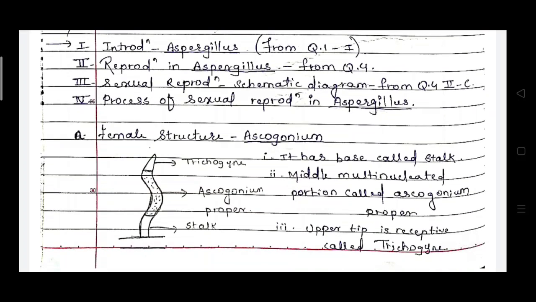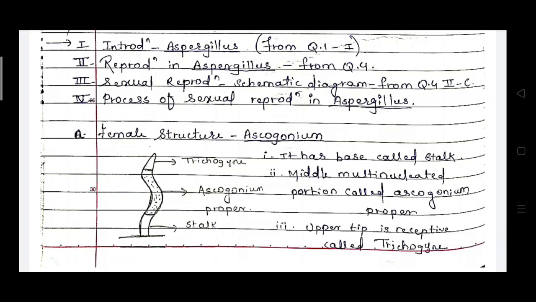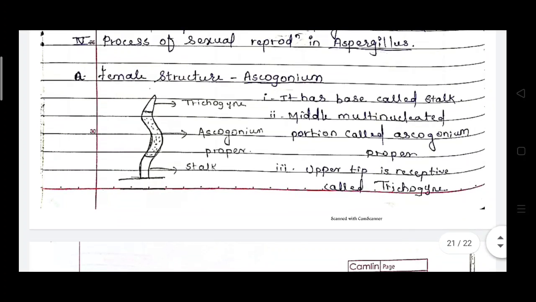In sexual reproduction in Aspergillus, there is the production of female as well as male structures. The female structure is the ascogonium. It has a base called the stalk, a middle multinucleated portion called the ascogonium, and the upper tip, which is receptive, called the trichogyne.